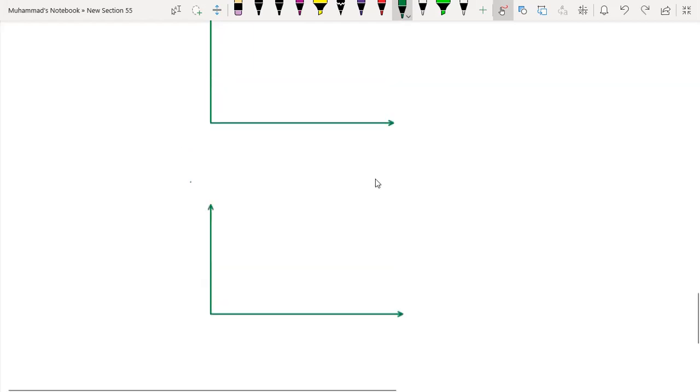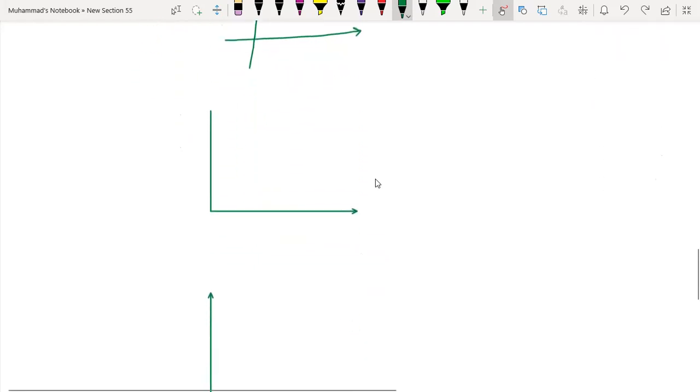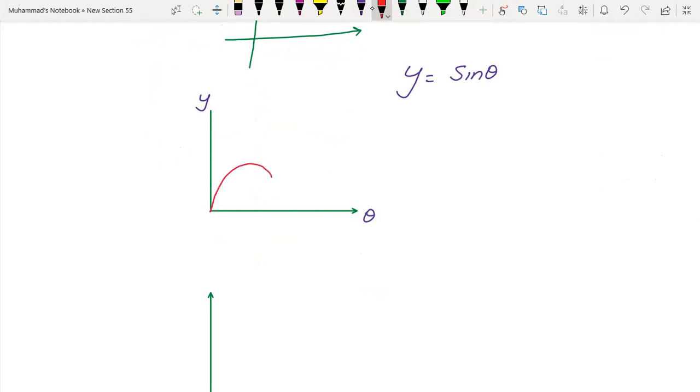Okay, so if you have to plot a graph of y versus sine of theta, if on the x-axis you have theta and on the y-axis you have y, then the graph will be a nonlinear graph, and it is a graph of sine.